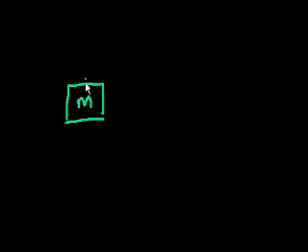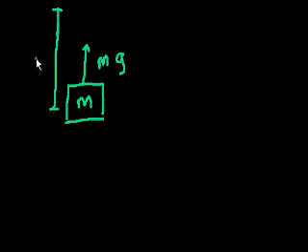So let's say the force that I apply is equal to mass times the acceleration of gravity, let's just call that g, 9.8 meters per second squared. And I were to apply this force for a distance of d upwards, or instead of d, let's say h for height.